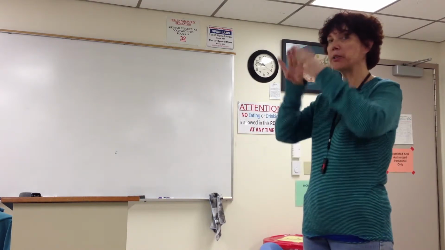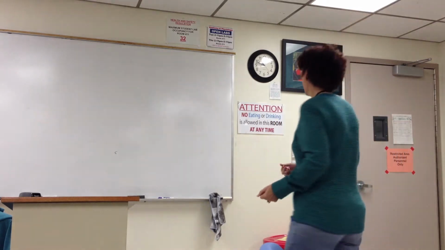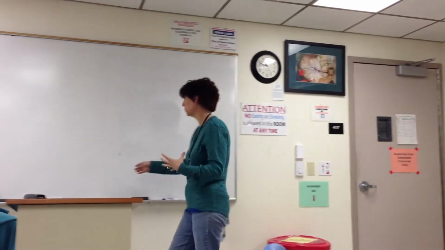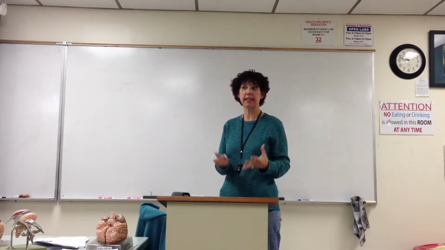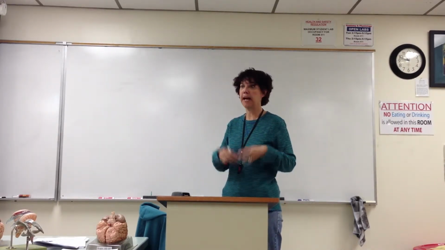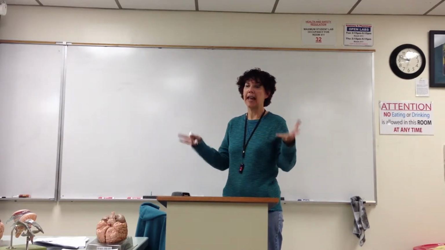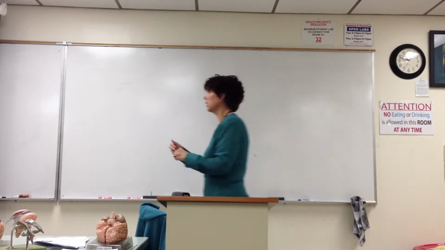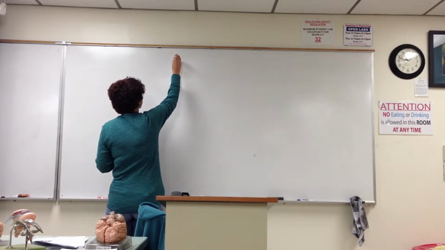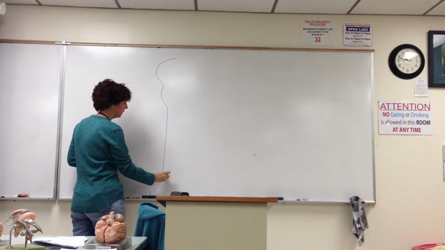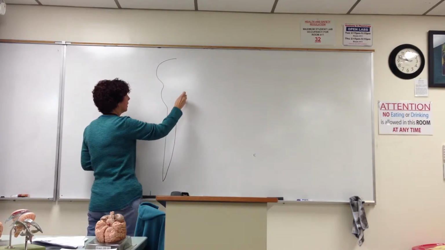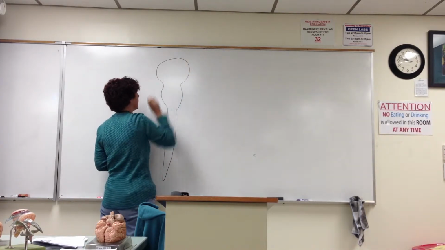All right? So I'm going to do a real basic outline of the central nervous system and the overlay of the meninges, the dura mater, the arachnoid matter, and the pia mater, and then we'll look at more detail. So if you recall, yesterday, I drew the brain stem and spinal cord like this.